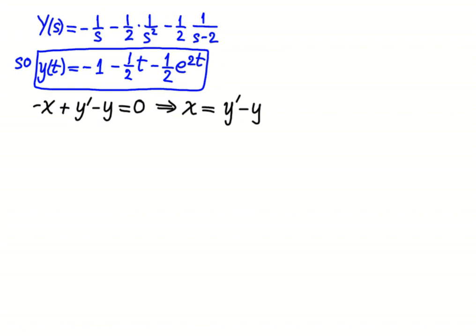And then we have the derivative of y. Derivative of that is -1/2 minus e to the 2t. Derivative is 2e to the 2t. So that's just minus e to the 2t. So that is the derivative minus the original function.